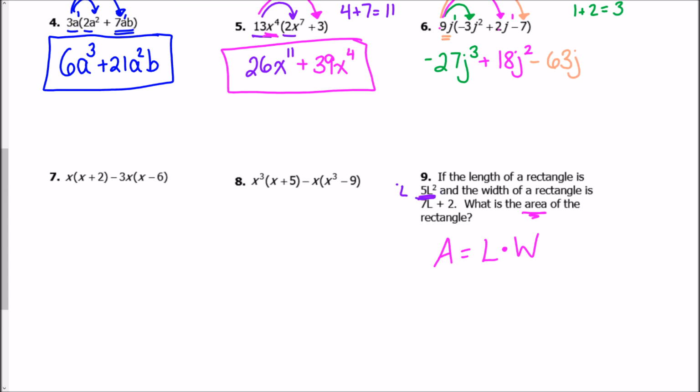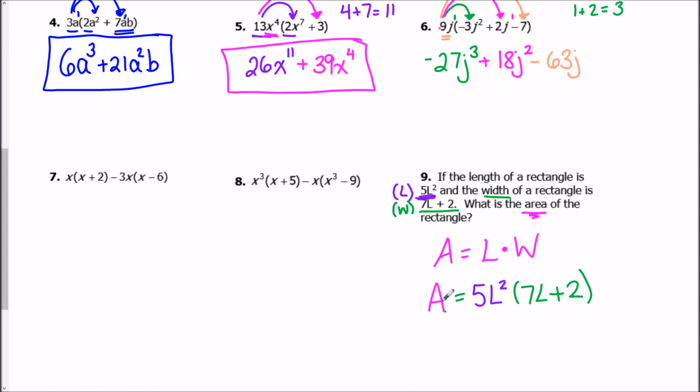And our width is 7l plus 2. So what we're going to do is say the area is equal to our length, which is 5l squared, times 7l plus 2. But I'm going to write it in brackets because the 7l plus 2 is the entire width and it needs to go inside of brackets.